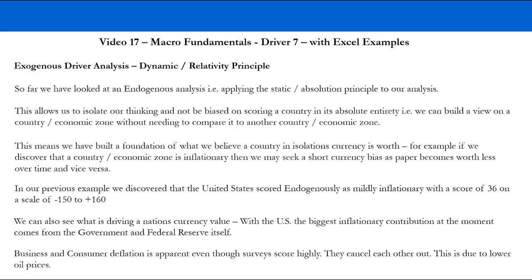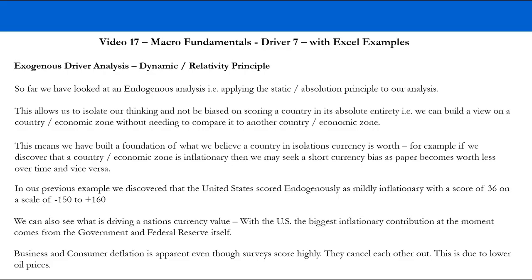If we see deflationary conditions, then because prices of goods are going lower, the paper itself is becoming worth more. It can buy more goods. So we'd be looking to have a long currency bias in those circumstances.